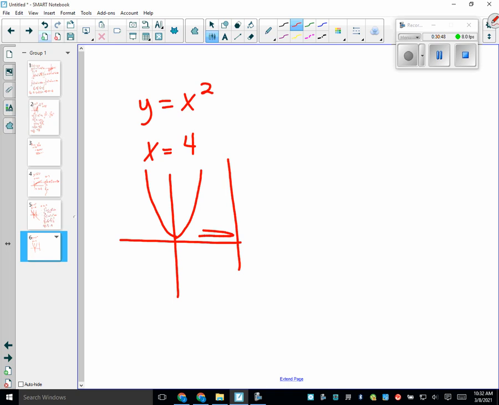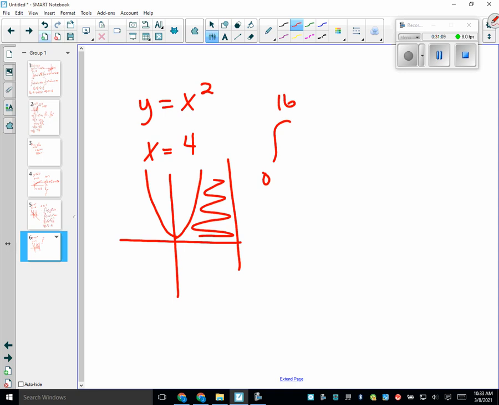So I'm taking this piece this way. When x is 4, what is y? 16. So it's going to be 0 to 16.